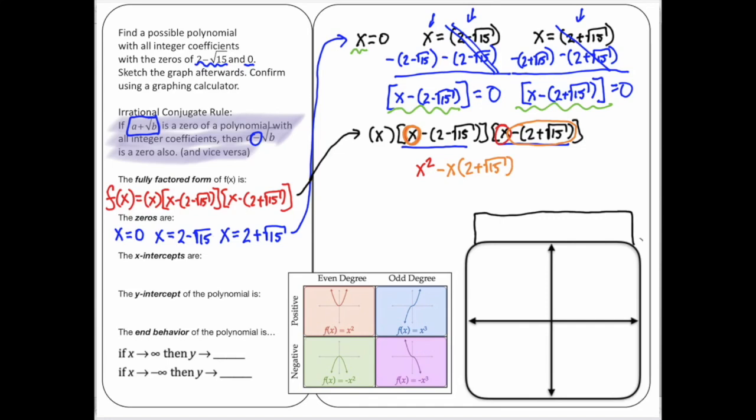The next part, okay? Now I have this times this, which is going to give me a negative x, 2 minus the square root of 15.